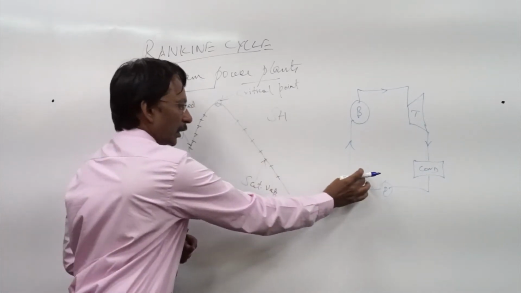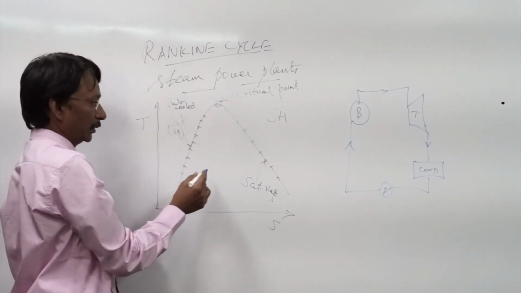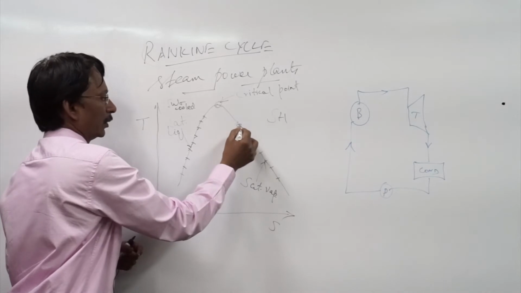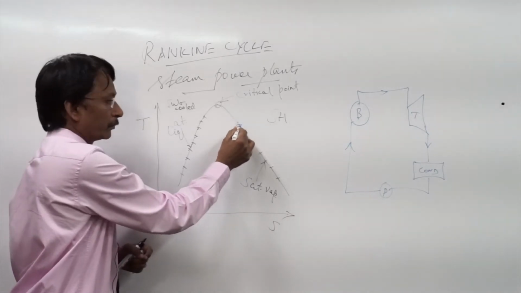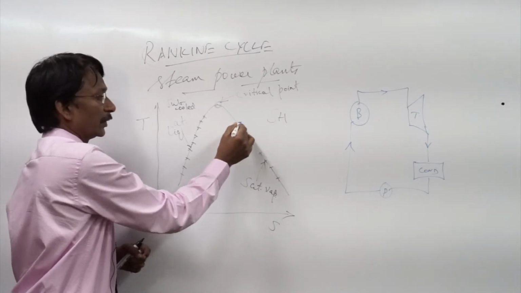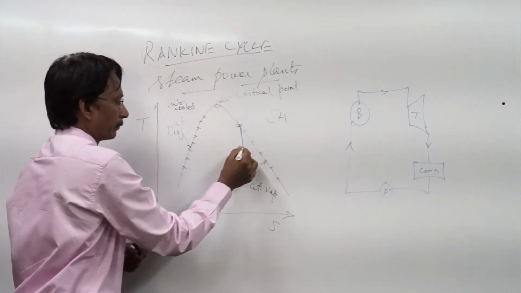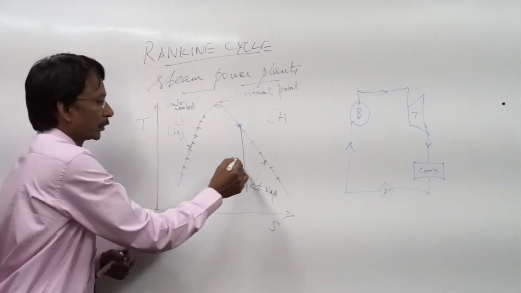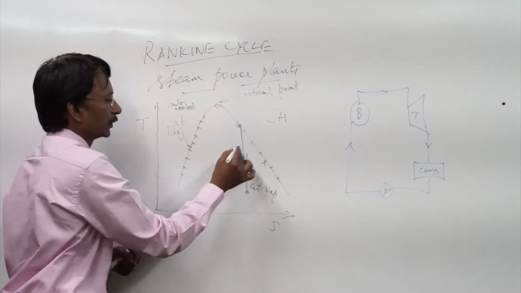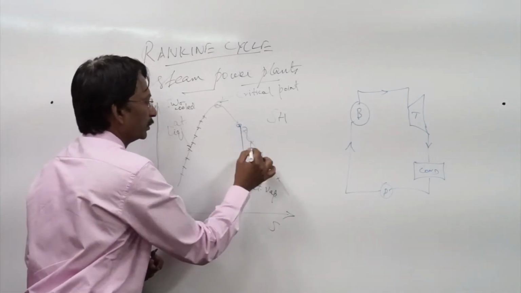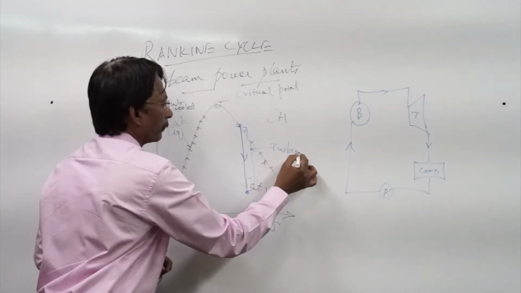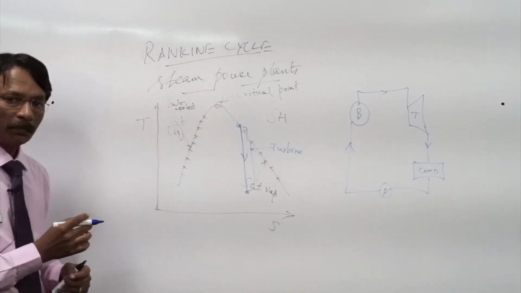Now, if this is represented onto a TS plot, let me start from the expansion of steam from, I presume that it is dry saturated steam. Expansion, and this is what happens in the turbine. The turbine work expansion.